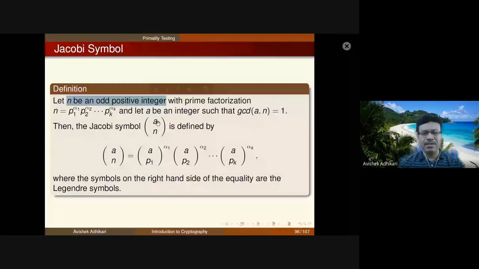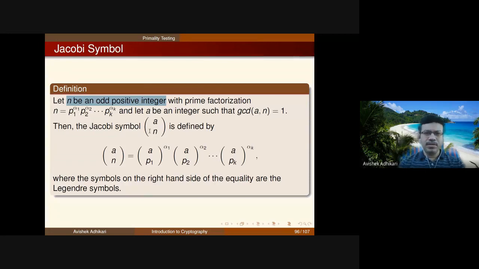If n happens to be an odd prime, then the Jacobi symbol and the Legendre symbol will be the same. But here n is an odd positive integer. It may be prime, it may not be prime.